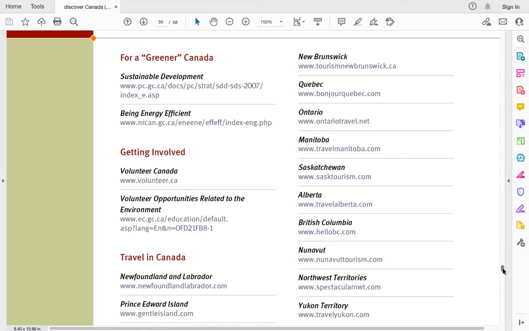Websites about getting involved. Volunteer Canada, www.volunteer.ca.